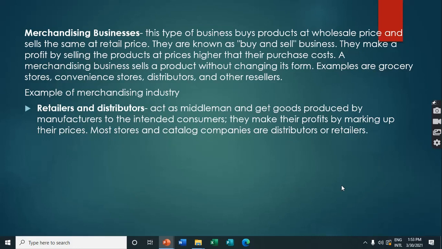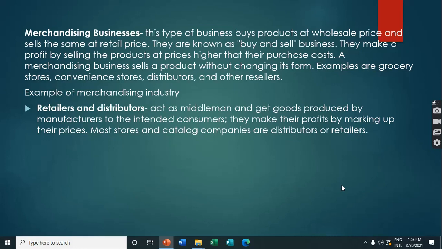They make a profit by selling the products at a higher price than what they purchased them for. A merchandising business sells a product without changing its form. They do not alter what they bought; they sell the same thing.